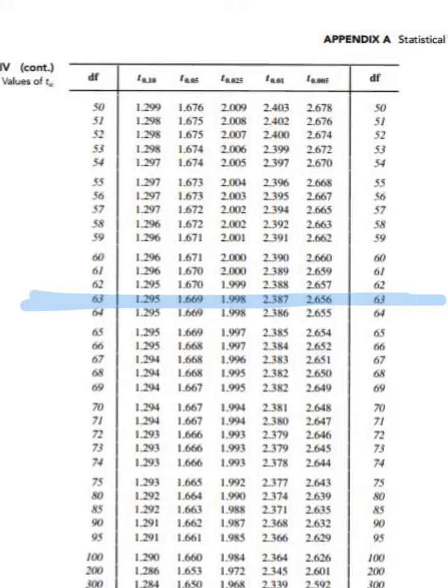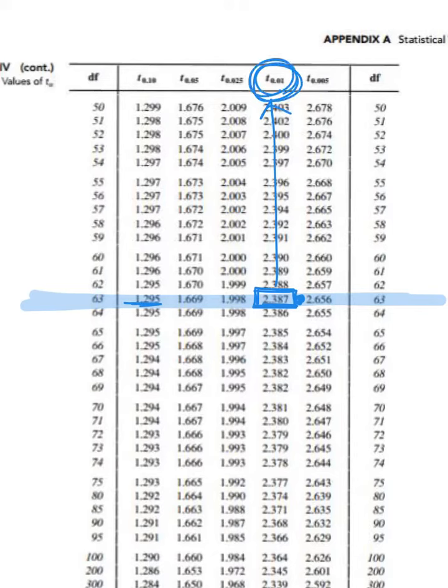Where is 2.39? Here is 1.2. Here is 2.387, right? Probably here, it's between these two. But this one is almost 2.39. We can even take it because it is almost 2.39. So let me take the probability here.